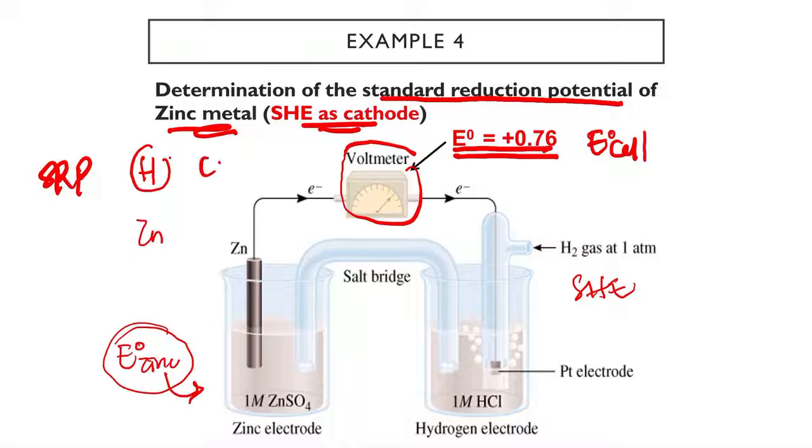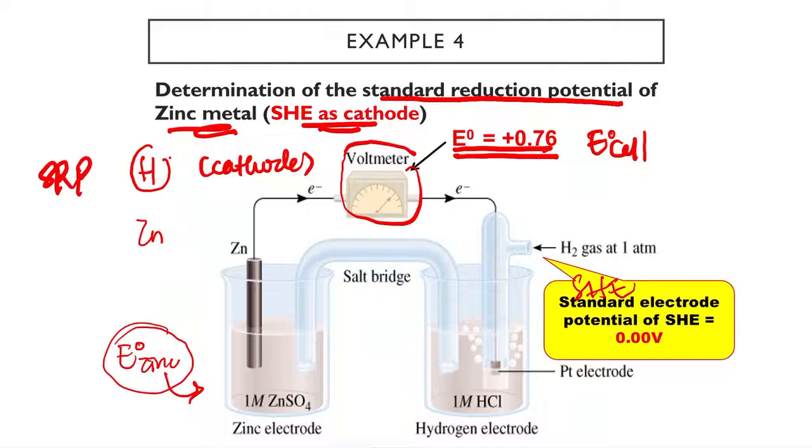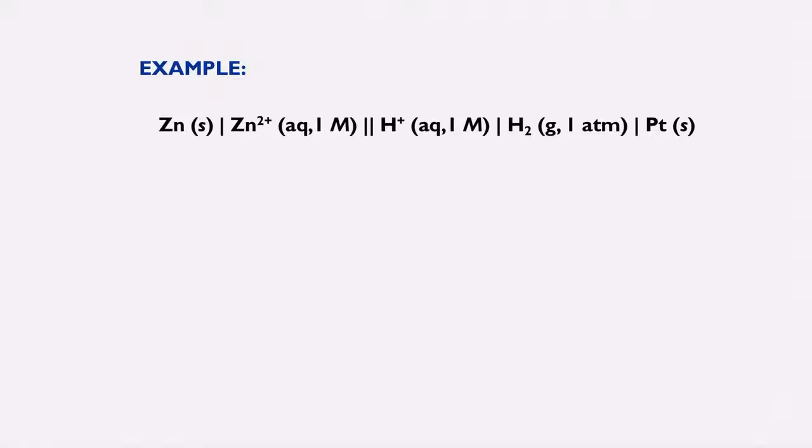So it will become your cathode. Okay, this is just to show you how we determine the electrode potential for zinc using SHE. Okay. Okay, so we know that SHE has a standard electrode potential of 0 volt. So how do we find the electrode potential of zinc? So first you have to write the cell notation.